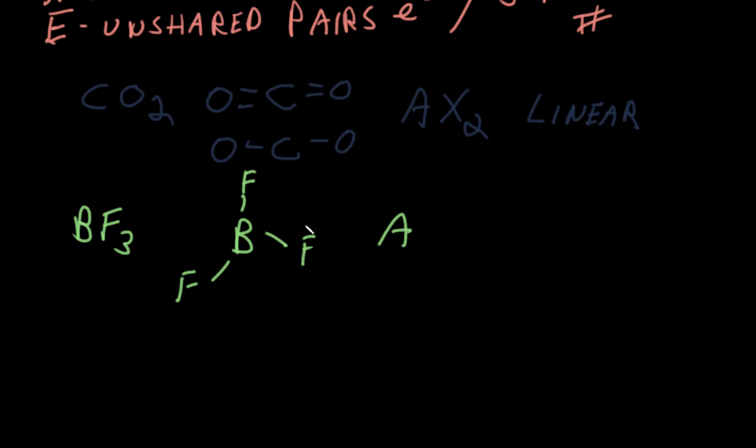Again, we're not worried if there's single, double, or triple. There's going to be three of them, and so this would be an AX3 model. This is called trigonal planar.